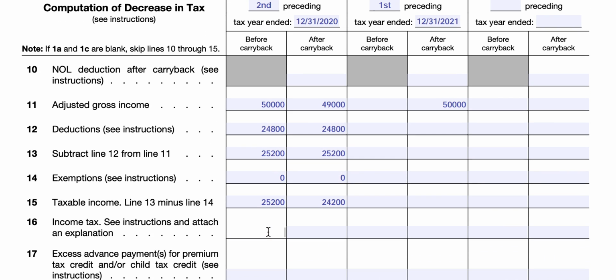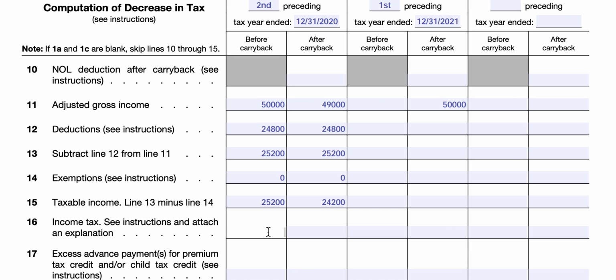And then your income tax, you can calculate this income tax on your own. You do need to include any tax that was included on Forms 4970 or 4972, 4970 being the tax on accumulation distribution of trusts, 4972 being the tax on lump sum distributions. At any point, you will need to attach an explanation or schedule. You can simply write, for example, in the IRS form instructions, tax computation worksheet, and then the tax year.